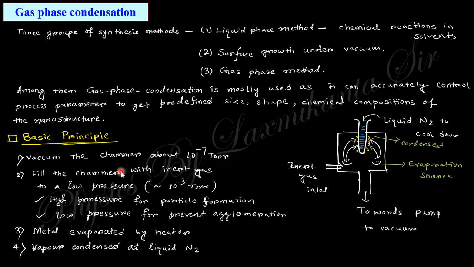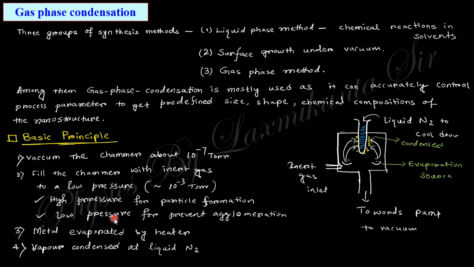Okay. So at first you need to vacuum this chamber, then fill the chamber with an inert gas such that it cannot react with this evaporated material. The inert gas cannot react with this material, so we use an inert gas at a pressure of around 10 to the minus 3 torr.